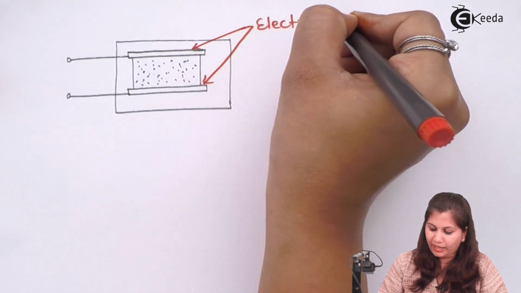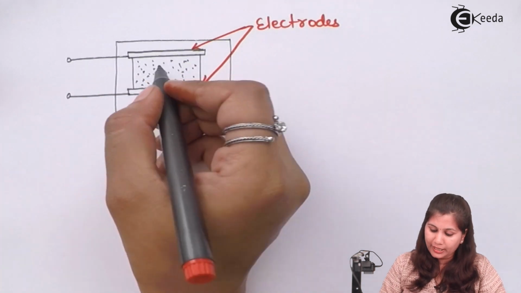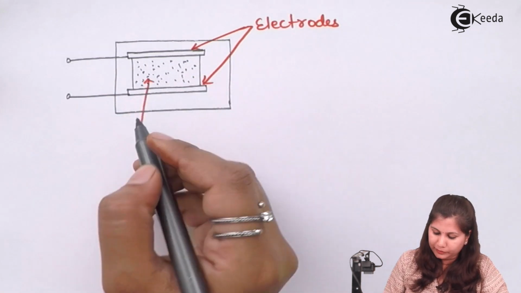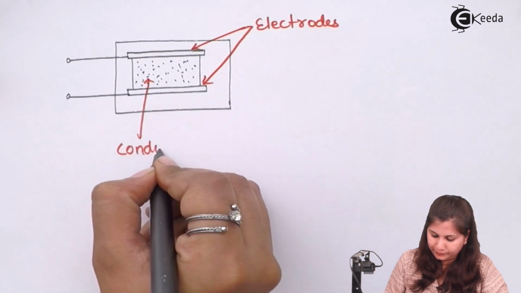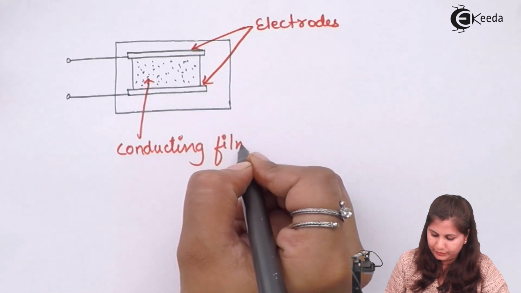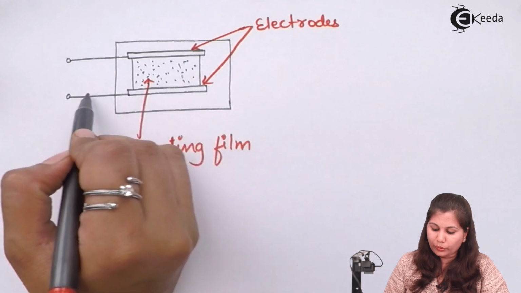The electrodes and wires are coated with the hygroscopic salt, the lithium chloride, which acts as the conducting film in between. So the resistance of these electrodes is going to change.